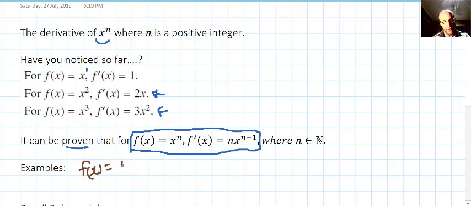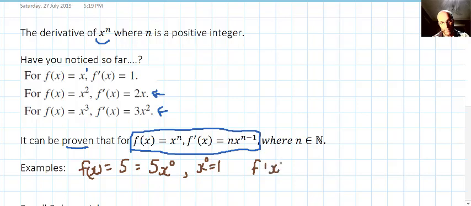Let's say 5. Now 5, using our index laws, not that you would do this, can be written as 5x to the power 0. Now x to the power 0 equals 1, because anything to the power 0 is equal to 1.